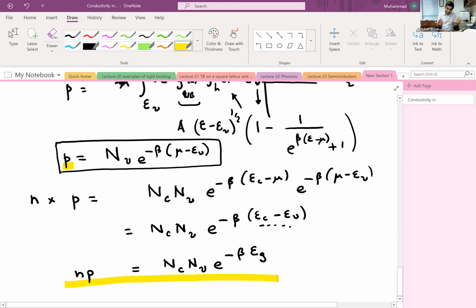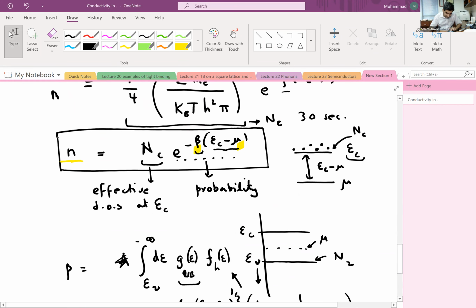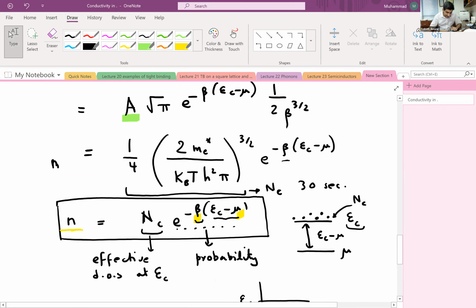But it does depend on temperature, the band gap, and possibly the effective masses of the holes and electrons, because Nc and Nv each contain the effective mass of the electron and the hole respectively. So it depends upon the band structure, but not at all on the location of the chemical potential. What the chemical potential does is help determine n and p.